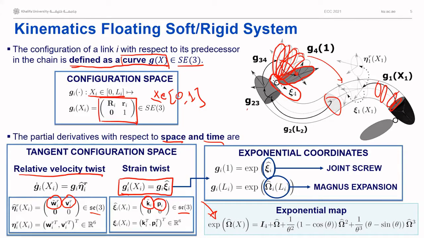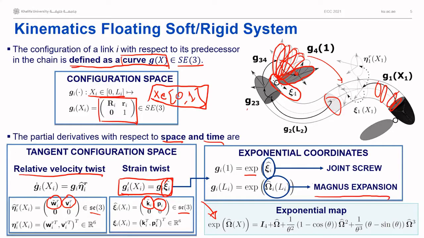And so this strain is constant in your virtual material field, and then you can simply apply the exponential to this constant field, Xi. In the case of a soft link, the strain is not constant in general with X, and so formally you need to use the Magnus expansion in order to integrate this matrix differential equation.